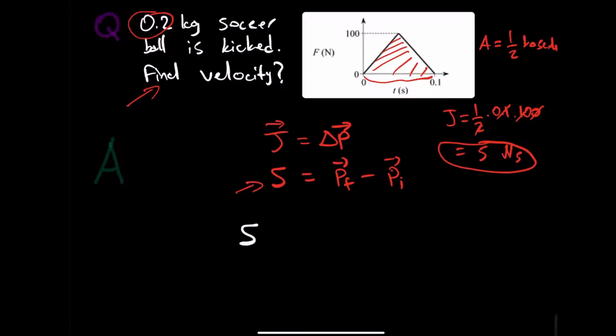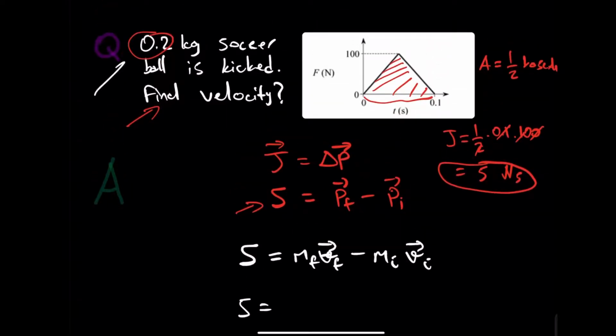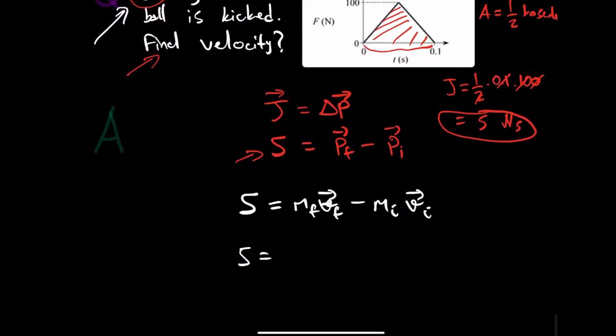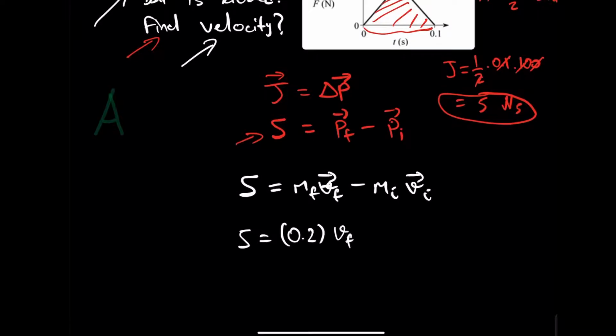So we have impulse, which is equal to 5, and m final and v final minus m initial and v initial. So 5 is equal to, the mass is 0.2 kilograms, which we know from the information in the question. So 0.2 kilograms. We don't know the final velocity. It's actually what we were looking for, so we're going to use it as a variable here.